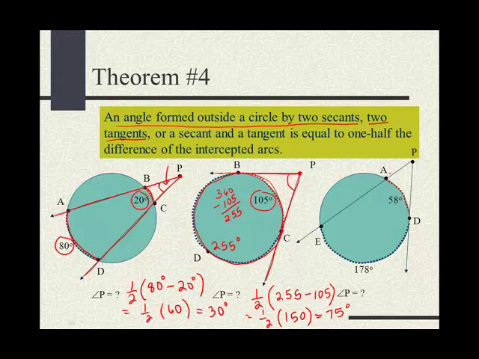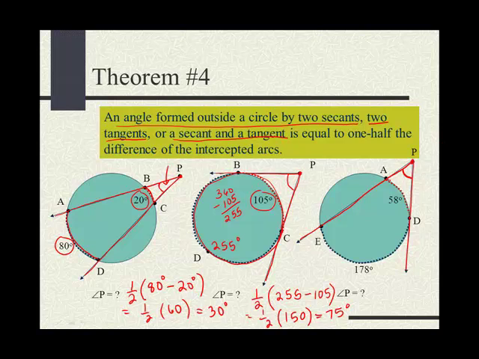Let's look at the last situation. This time it says an angle formed between a secant and a tangent is equal to 1/2 the difference of the intercepted arcs. So in the drawing on the right hand side, what you'll see is we have a secant that's drawn from point P outside the circle through points A and E on the circle, and then we have a tangent line that's drawn from point P through point D on the circle. We're going to be looking for this outside angle, angle P, and it's measured by half the difference of the two intercepted arcs.